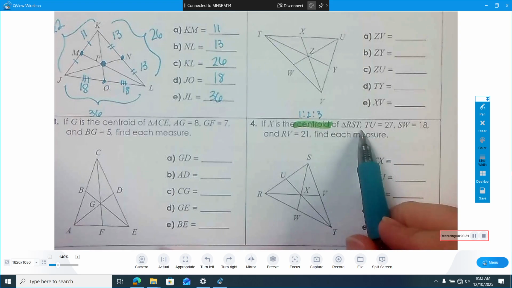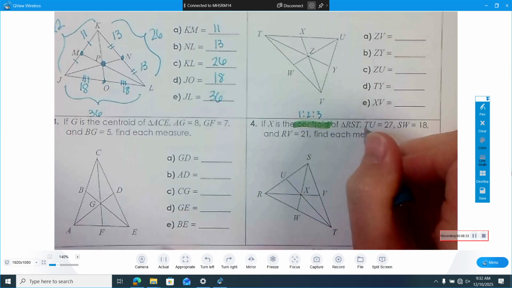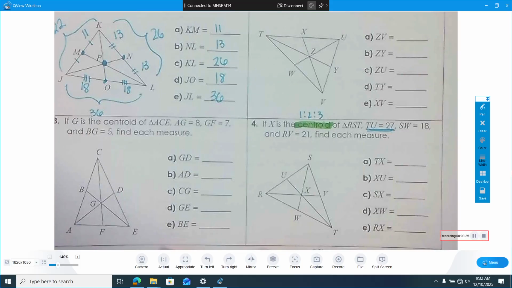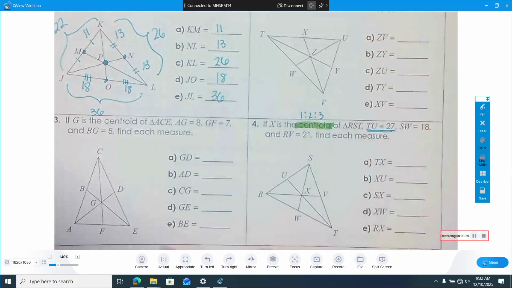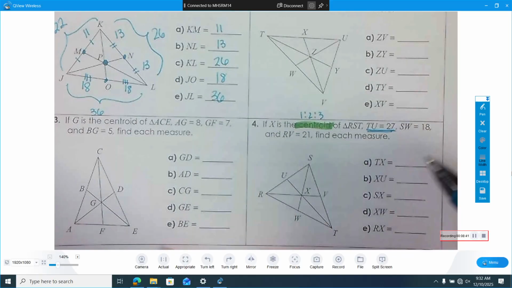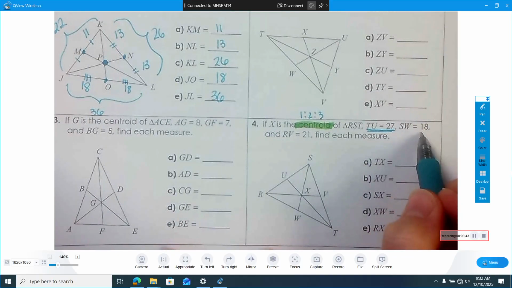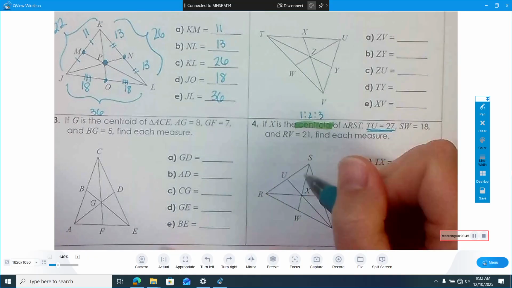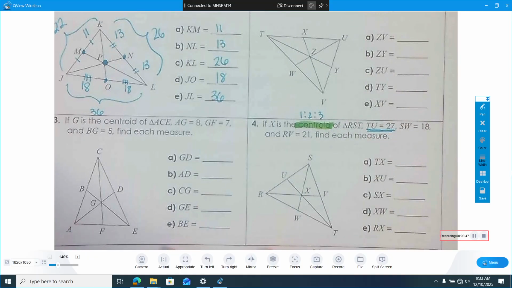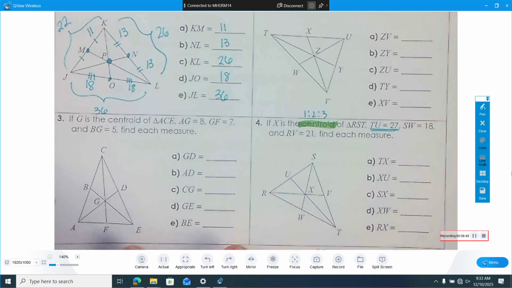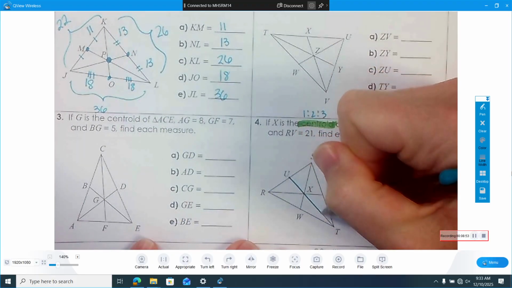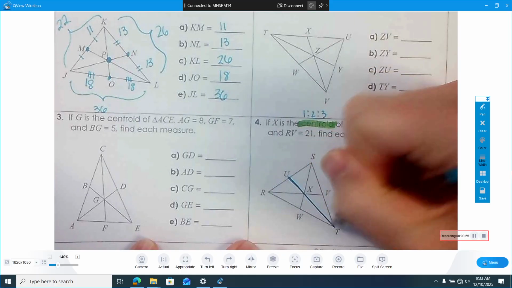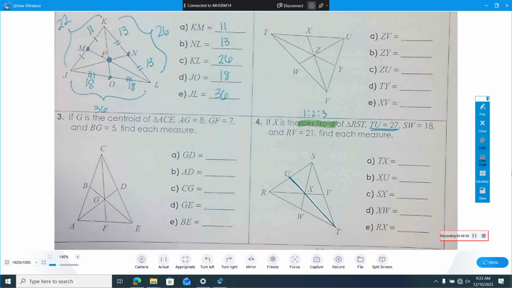So I know that TU, that is the whole thing. TU is the whole median right here. I'm not going to mark that because that will get really weird. SW is 18. That's also a whole thing. And RV, it's also the whole. Well, here we go. This whole segment, TU, is 27.